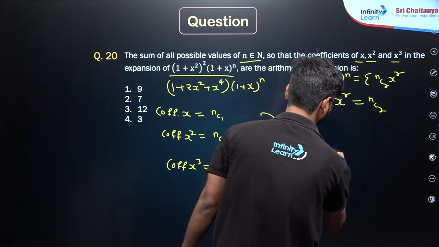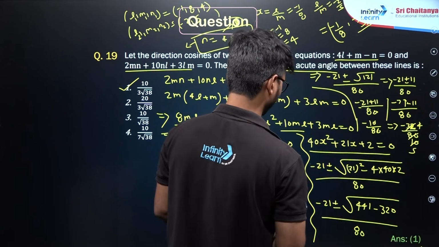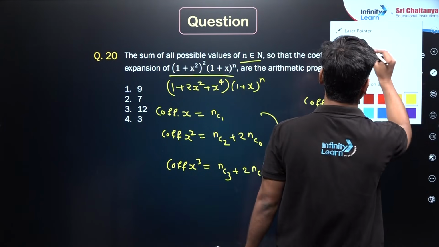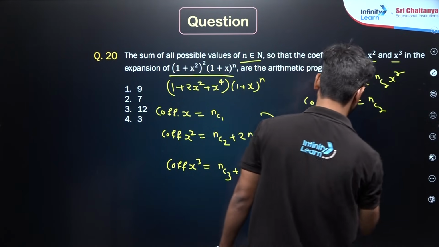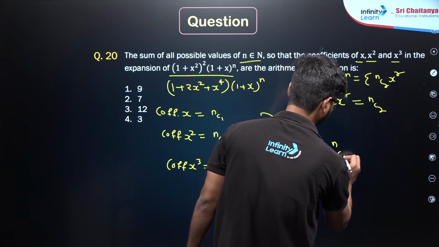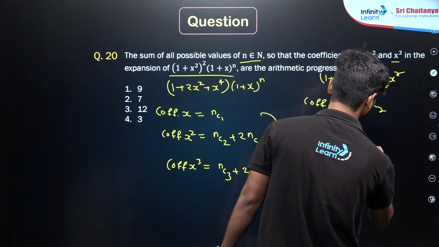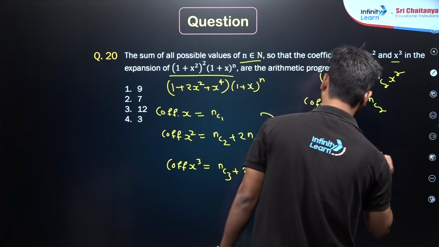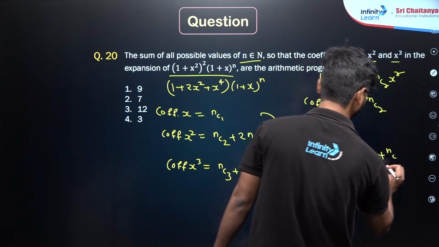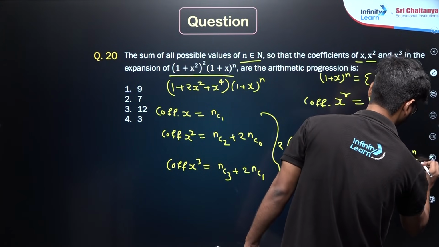Okay, so 2, just a minute, 2 NC0 is equal to NC1 plus NC3 plus 2 times NC1.